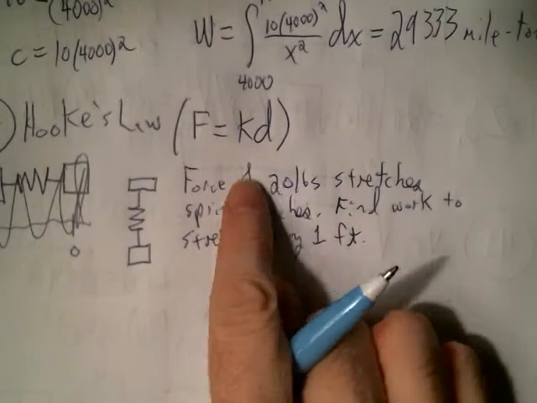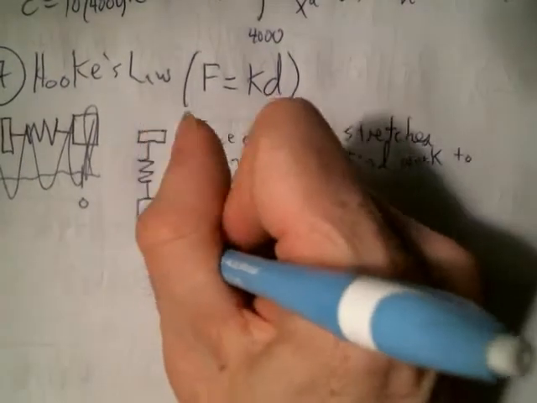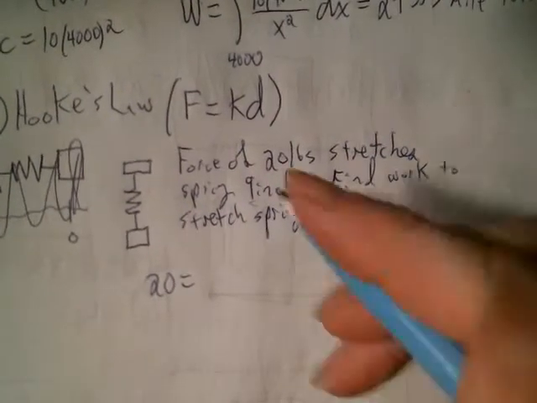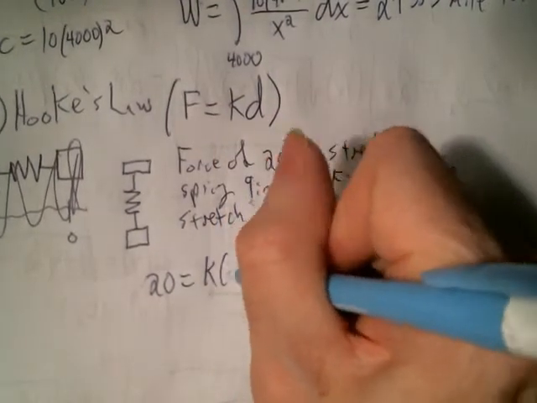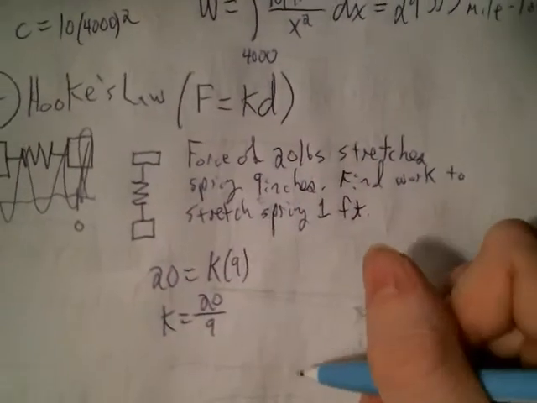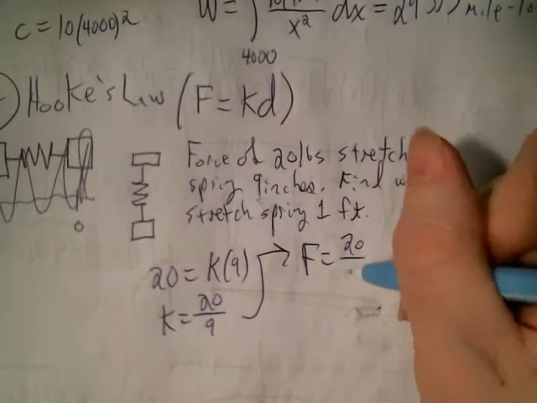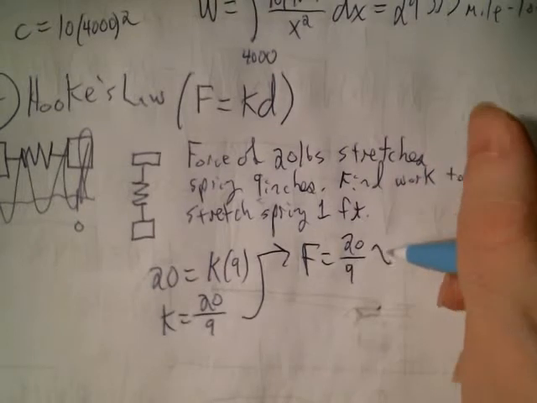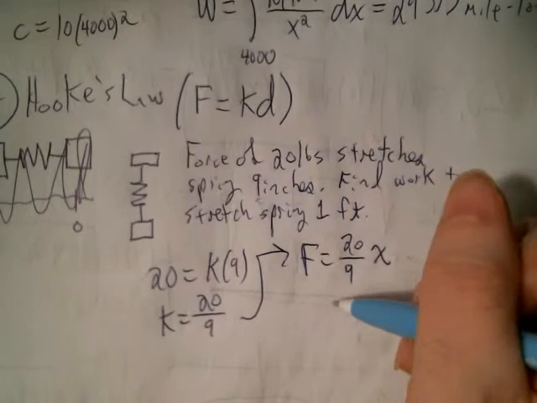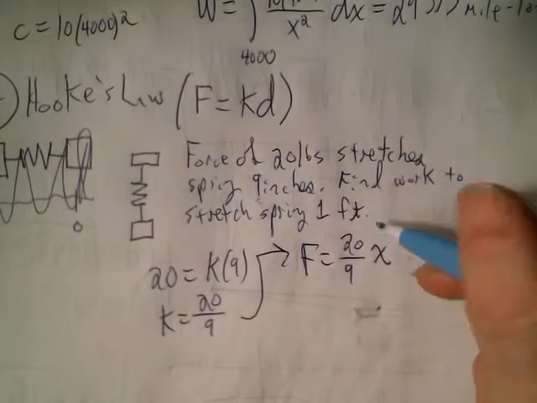Okay, so we use the first bit of information to solve out for our constant. So the force is 20 when the distance is 9 inches. So our constant is going to be 20 over 9, and then that gives us our force formula. So our force formula is 20/9 times d, or if you'd rather, you can use x. Right, so we want to know the work in stretching this spring out 1 foot.